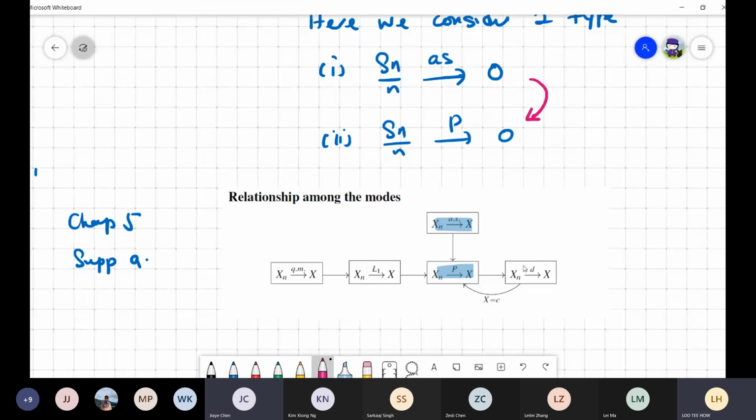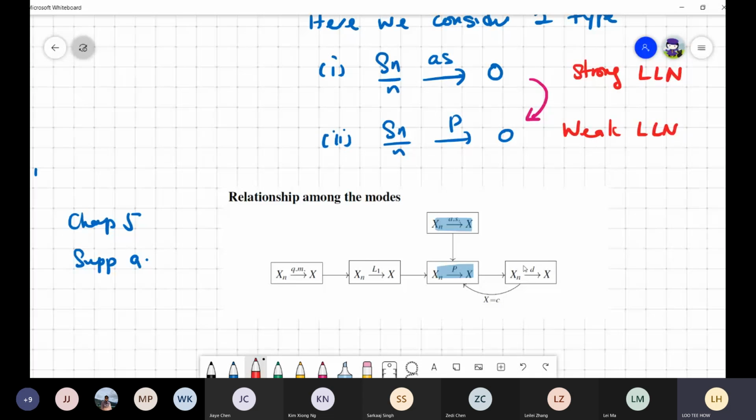So that's the reason why we call this one the strong law of large numbers, and this one is weaker than this, so that's why this is the weak law of large numbers. Okay, so both versions we call law of large numbers, but with a different kind of convergence.